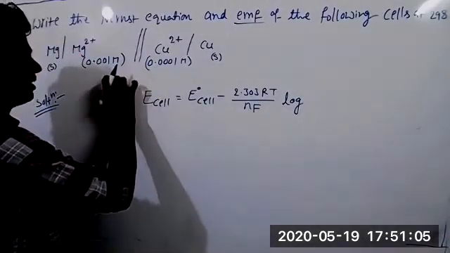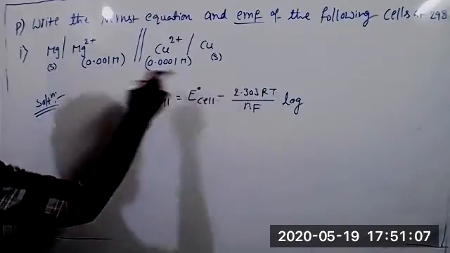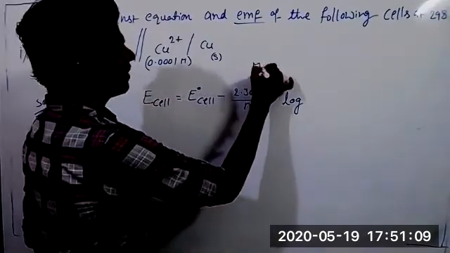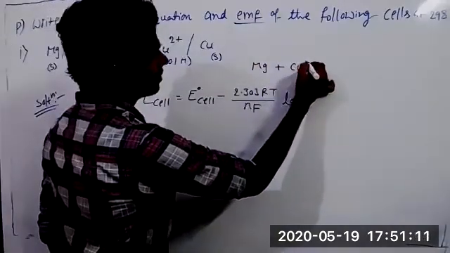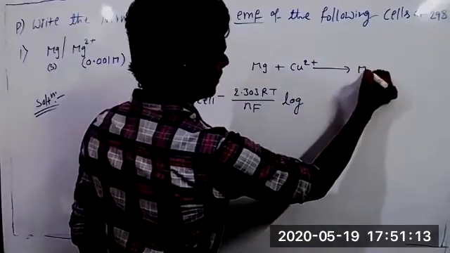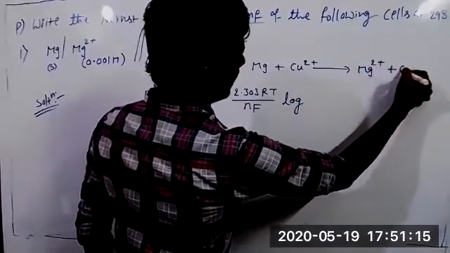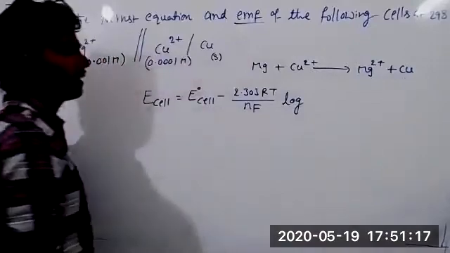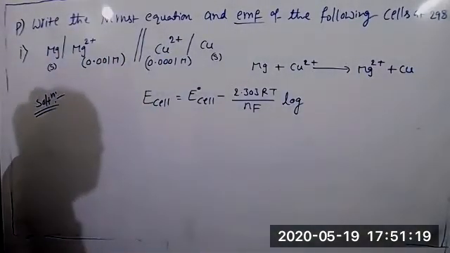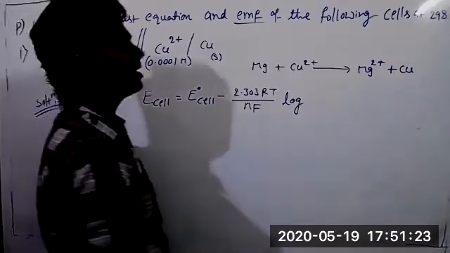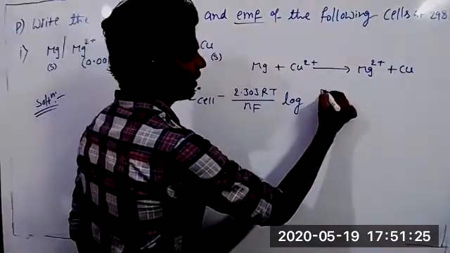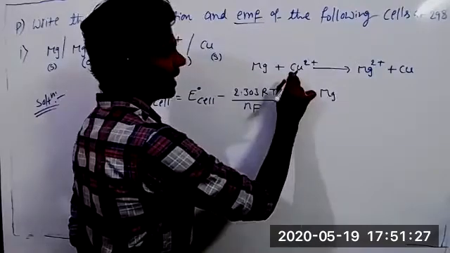Actually, here I will write the equation, then tell me what will come here. Your equation is magnesium plus Cu2 plus becoming magnesium 2 plus and Cu. What do we have to write in the log? Mg2 plus by Cu2 plus. Very good, product concentration by reactant concentration.